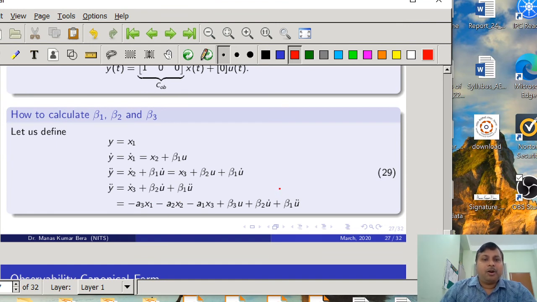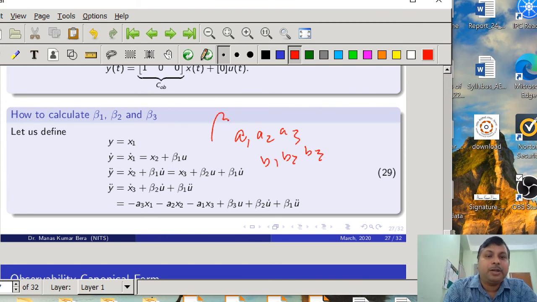And now we will recall what our objective is. The objective is to find out beta 1, beta 2, beta 3 in terms of the a's and b's. They are the parameters of the system. The a's and b's means small a, in terms of a1, a2, a3 and b1, b2, b3. So we want to express beta 1, beta 2, beta 3.